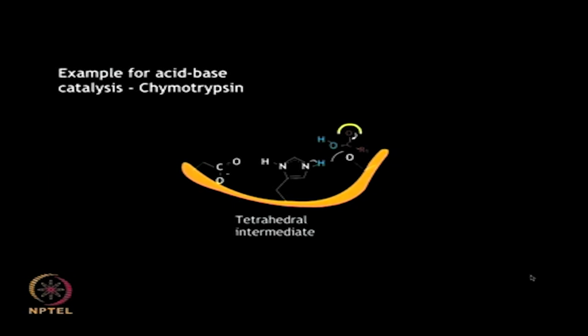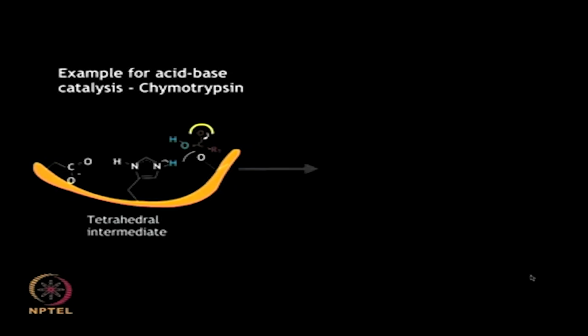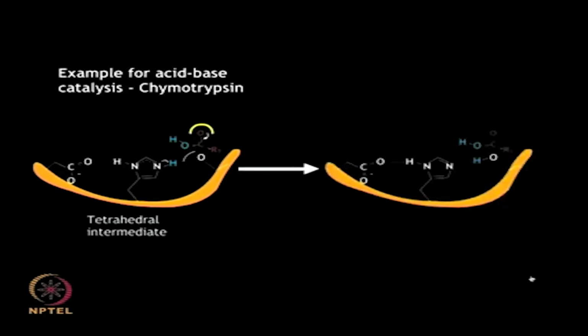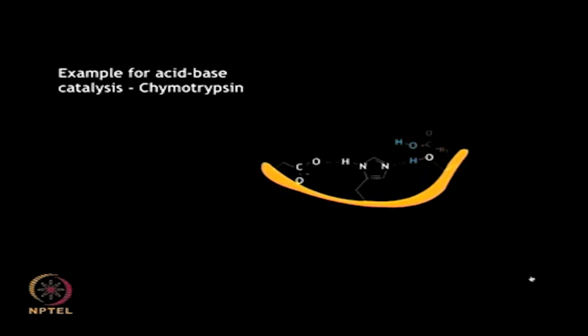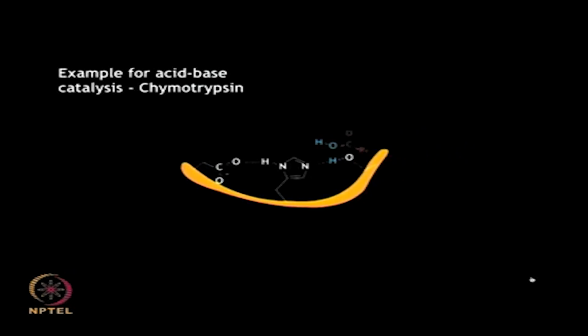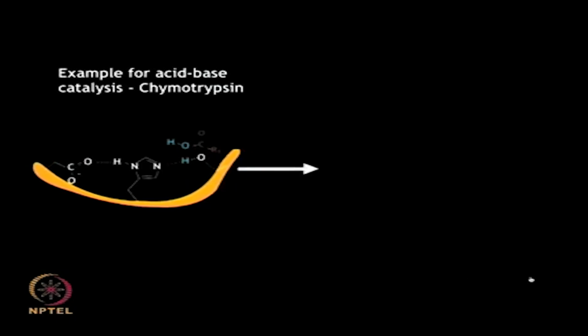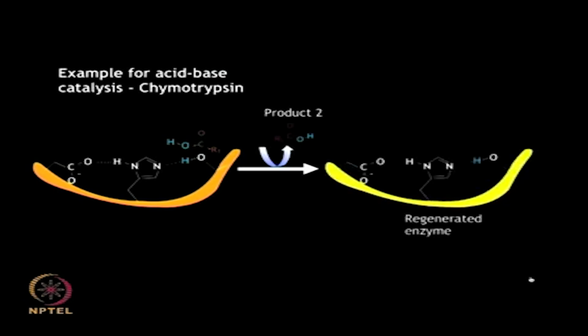The tetrahedral intermediate then breaks down to liberate the second product in the form of a carboxylic acid along with regeneration of the enzyme, which is then ready for another round of catalysis. Internal proton transfers between amino acid side chains therefore play a vital role in acid base catalysis by enzymes.